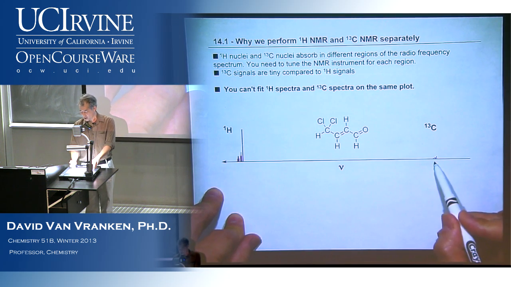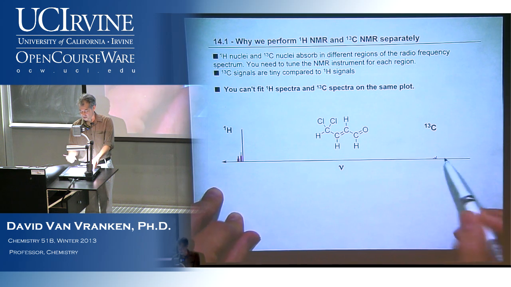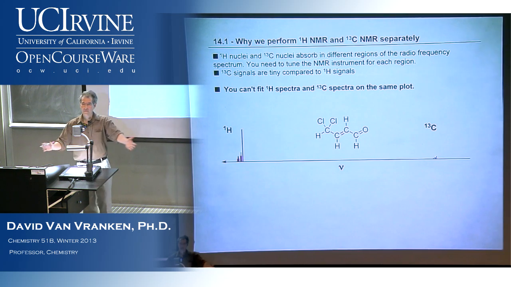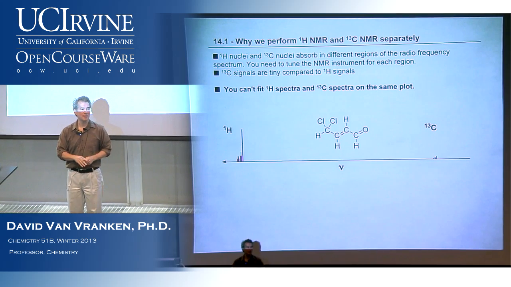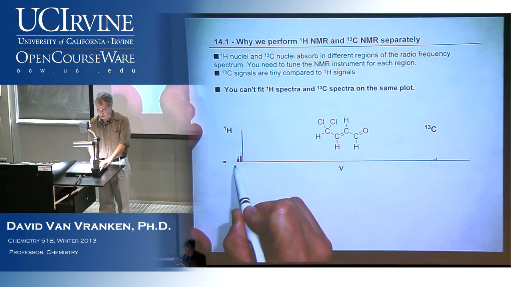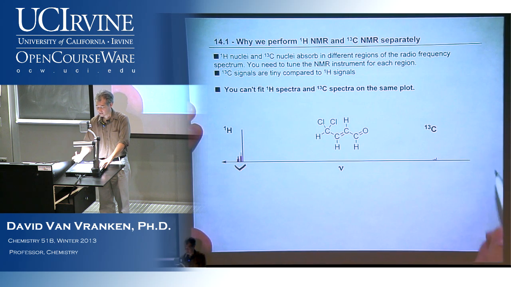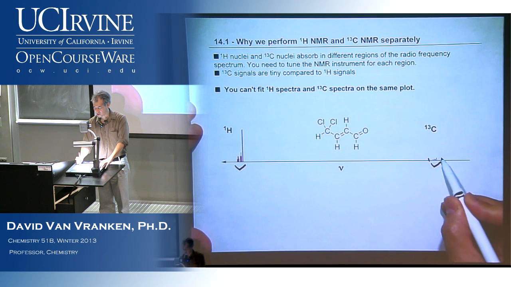And the same thing with carbons, except it's worse with carbons because there's so few carbons that the signals aren't very big. So nobody ever plots carbons and protons on the same spectrum. We always do those separately. We blast with radio frequency energy over here, and then listen over here, and then plot over here to see protons. And when we're interested in carbon NMR, we blast with energy over here, and then we listen, and we just plot this region individually.